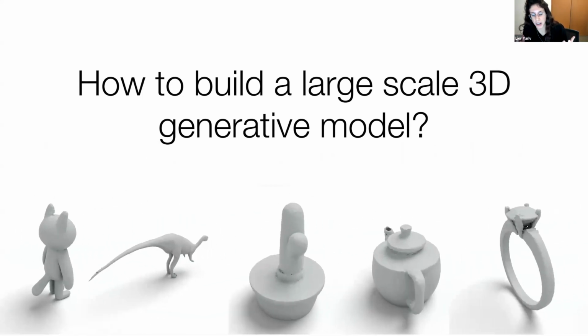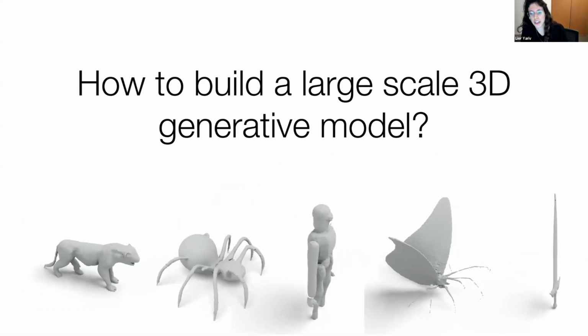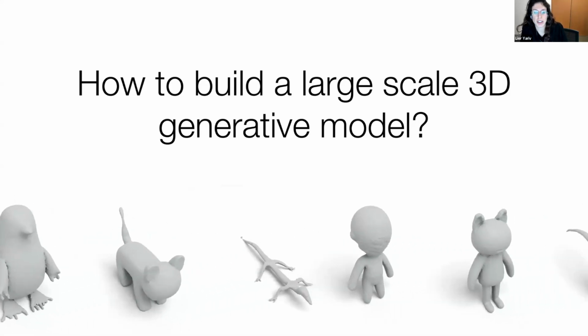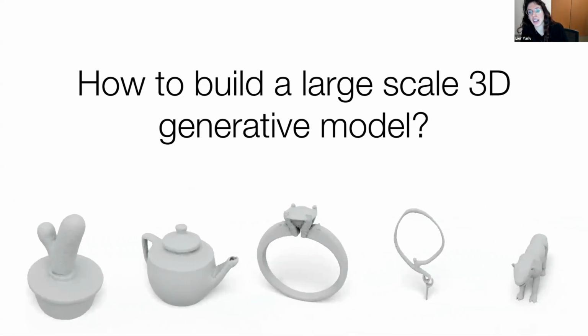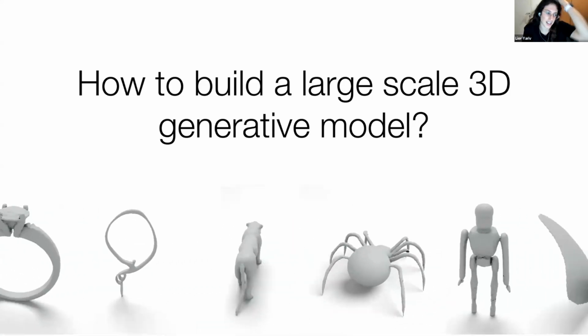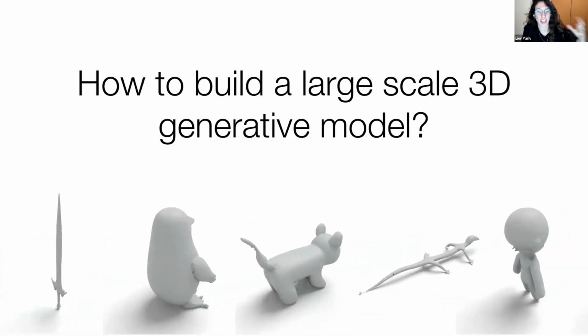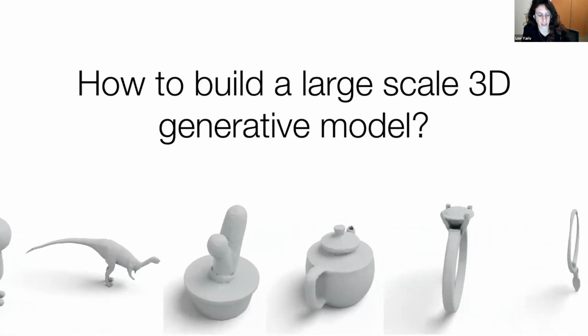Are we all aware of large language models and 2D image generative models? But I would say that 3D generation is not in that same scope yet. So this was the question that led and guided us through this paper.